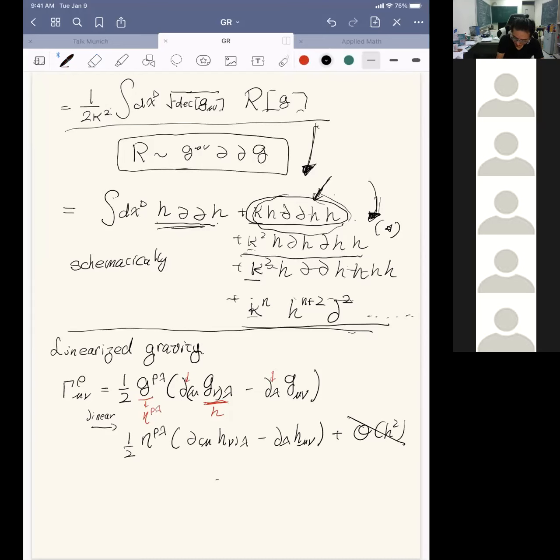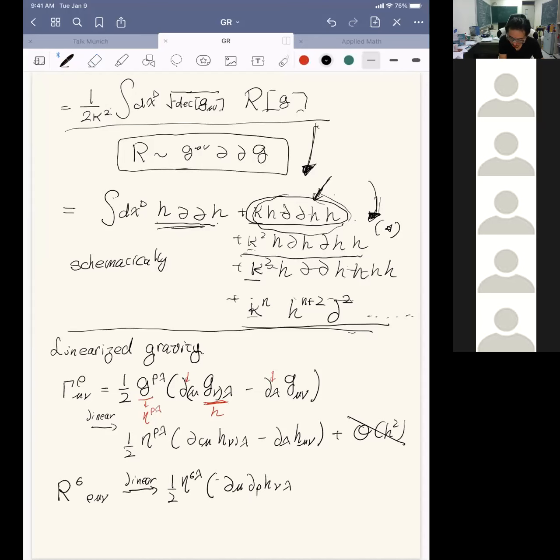And therefore, similarly, your Riemann tensor becomes extremely simple. If you linearize the Riemann tensor, then it just becomes again 1/2 η_{σλ}, and you're going to have partial μ, partial ρ, h_{νλ}.